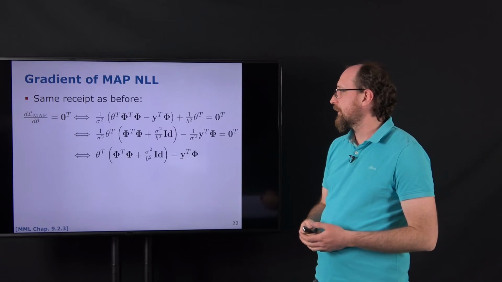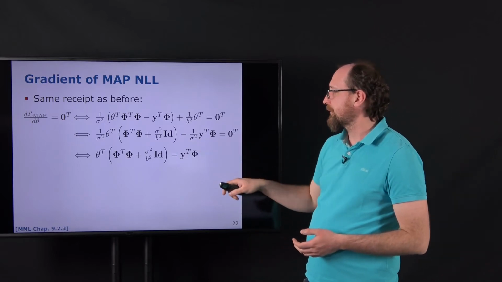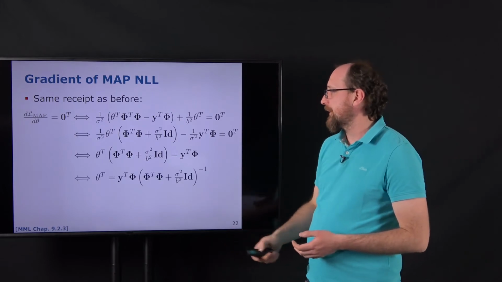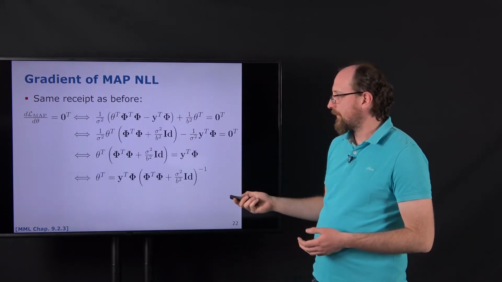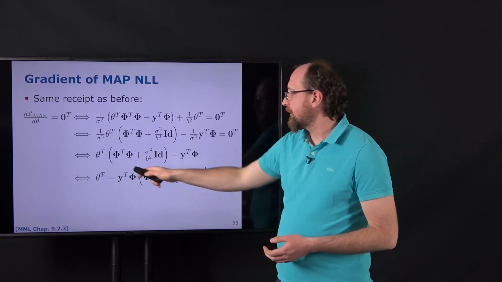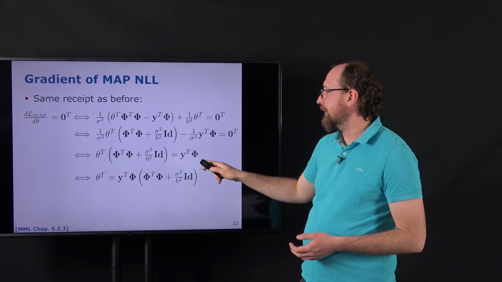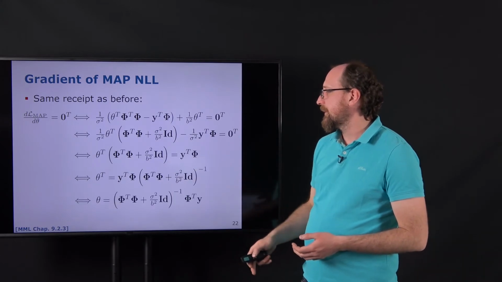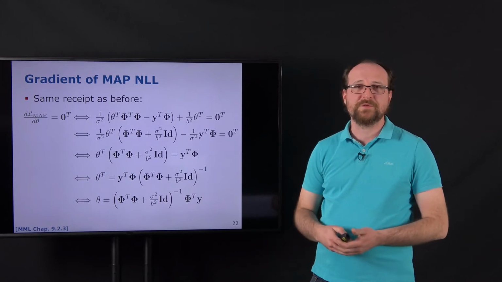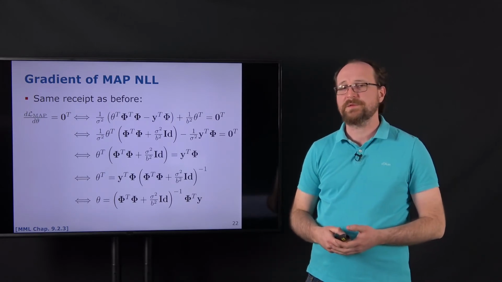Then it turns out that we can put this term on the other side, the constants vanish, and then when we see the theta transpose, we have here the inverse of this multiplied by this other side. We then get in the end a very similar expression as with the maximum likelihood estimate.